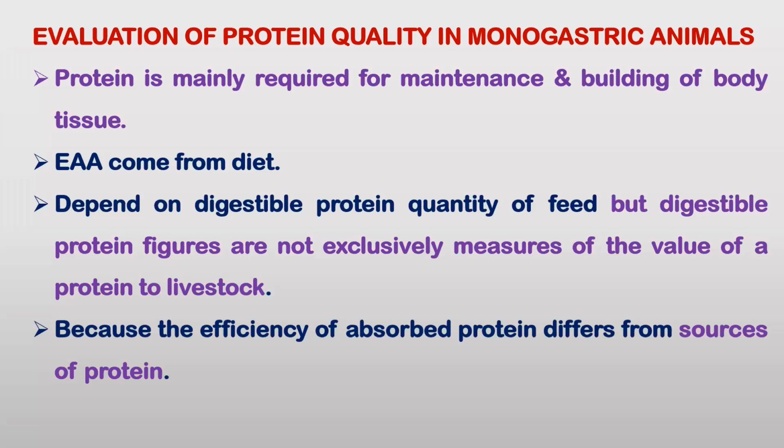But the livestock desire some more quantity of amino acids which are not available in the ingredients or in the source of the diet, so we should supplement those amino acids from an outer source. An amino acid which is either not synthesized by the animals or not sufficiently available in the source of the diet is known as an essential amino acid, which is supplemented through the diet from an outer source.